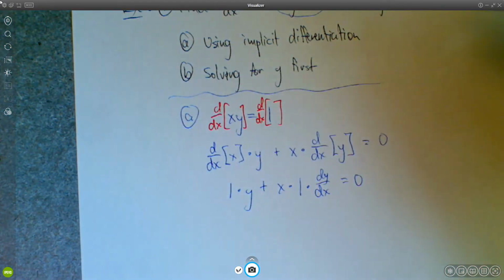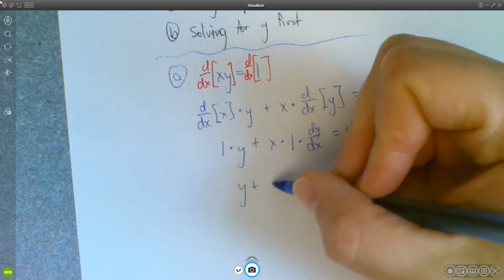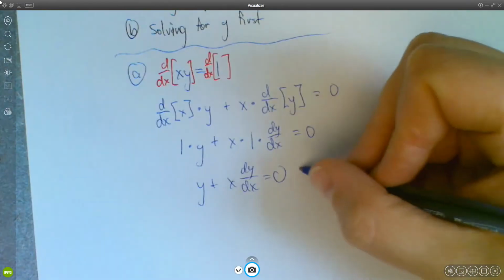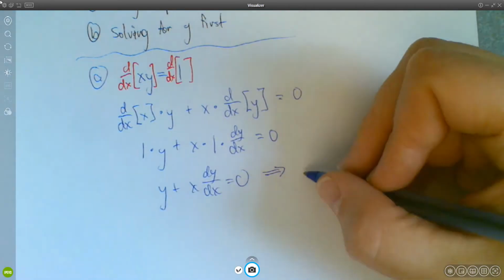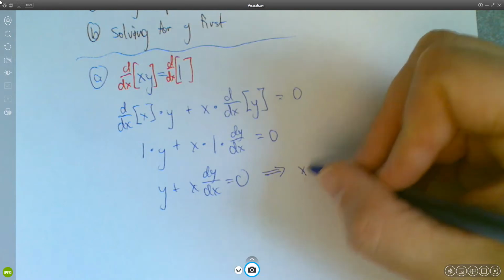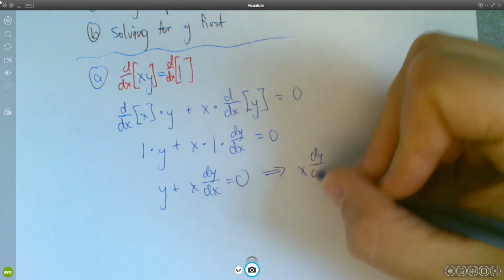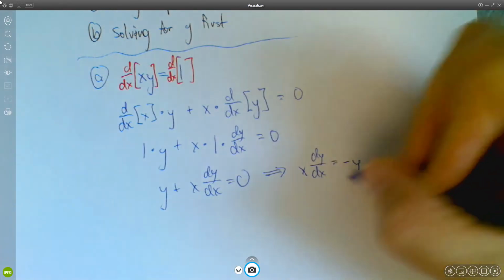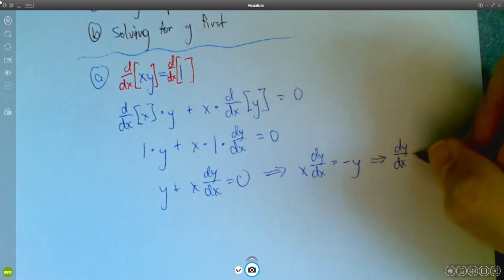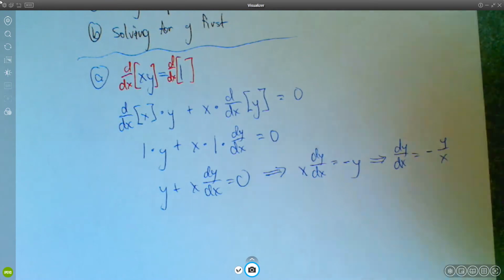We just need to solve for it now. So we have y plus x dy dx equals 0. That means that x dy dx equals negative y, which means that dy dx equals negative y over x.